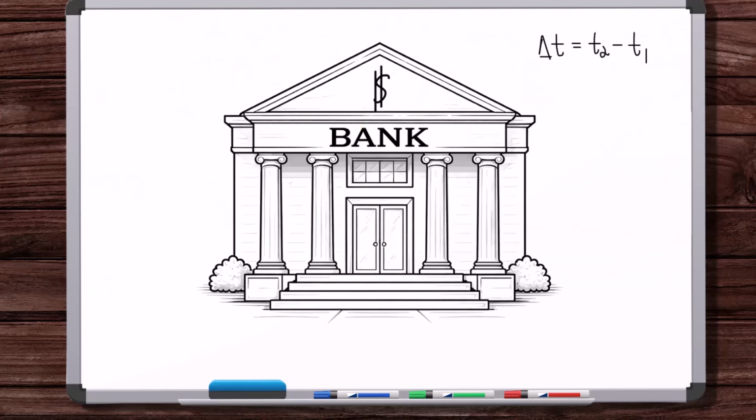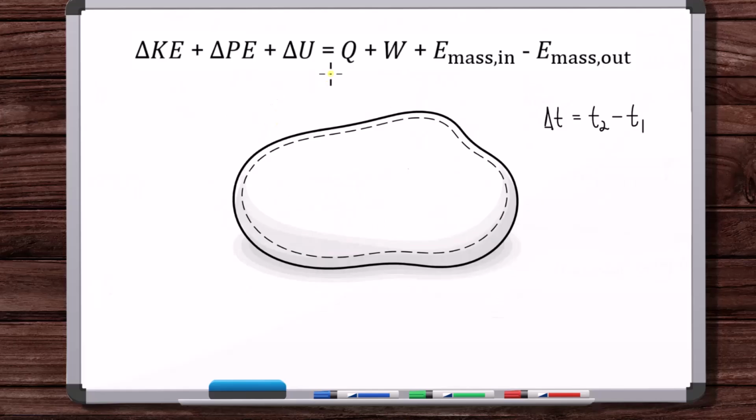Okay, and so it's the exact same idea with respect to the first law. There's different ways that you can transfer energy across the control surface, transfer energy into or out of the control volume. Okay, but no matter what the case, no matter what the form, you're always transferring energy. These all have the same units, the dimension of a mass times a length squared divided by time squared.